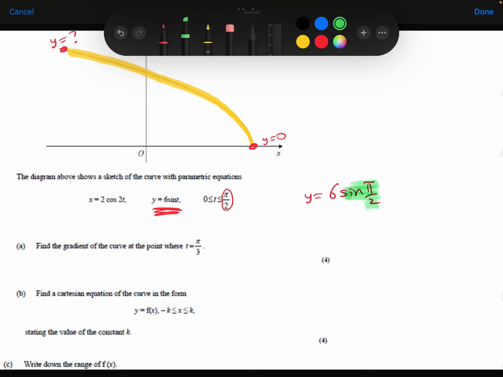And that's the biggest it can be. If t was anything else between 0 and pi over 2, sine would be less than 1. So 6 times 1 is 6. So the biggest the y coordinate can be is 6. So we're saying that f of x has to be less than or equal to 6, but greater than or equal to 0.